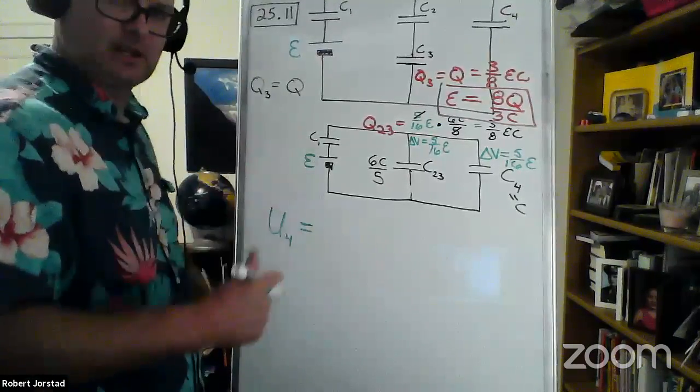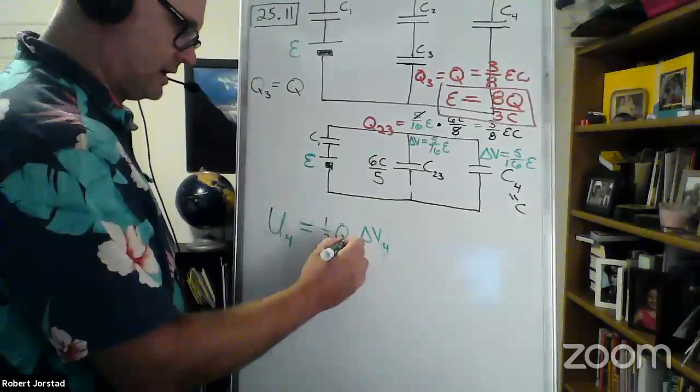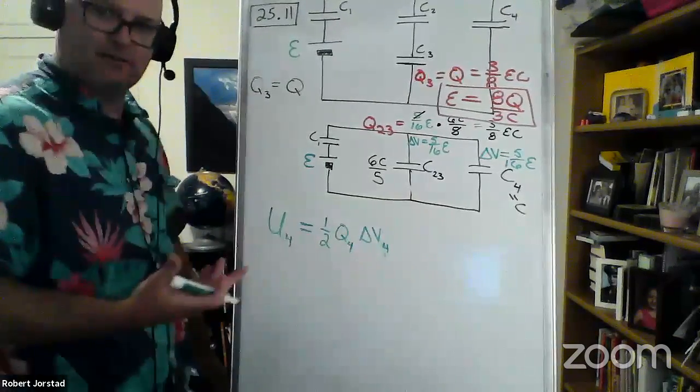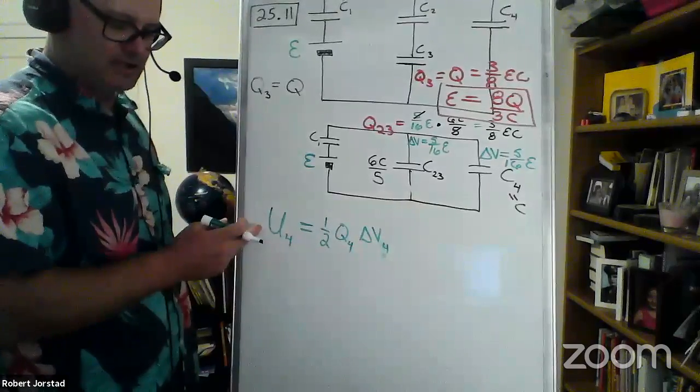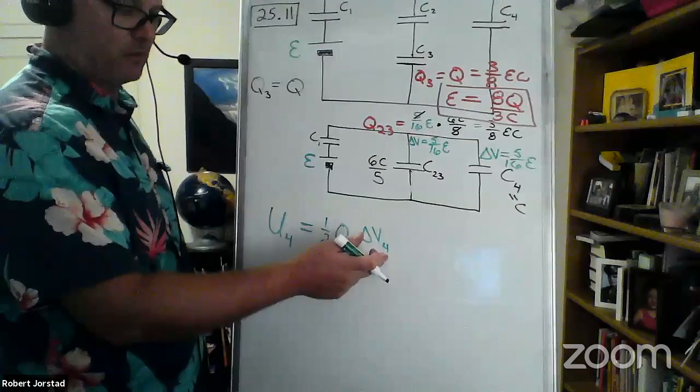The general formula: 1/2 Q delta V. Yep. So let's call this 4 and this one 4. If I want the energy on number 4, I need the charge on number 4 and the voltage on number 4.